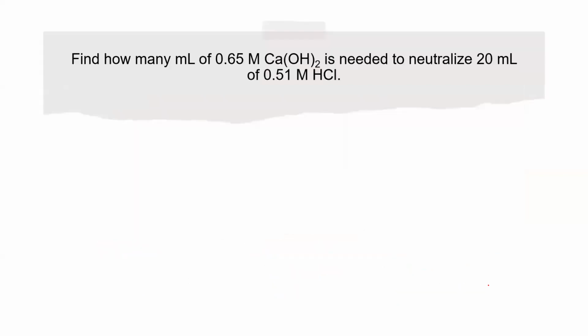Okay, the next one we'll see is a little different. So similar setup: molarity of acid, volume of acid, number of H ions in the acid formula, molarity of base, volume of base, number of hydroxide ions. So reading our problem, we see we're given information about the acid completely.